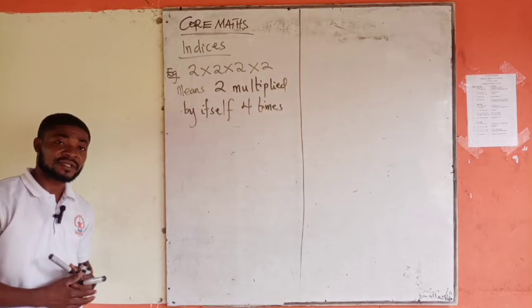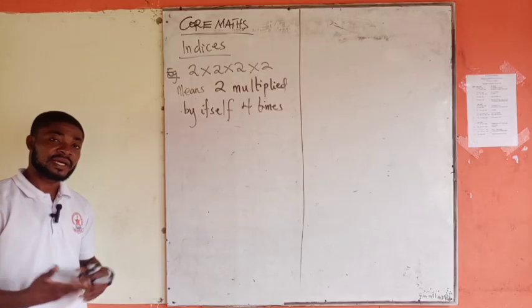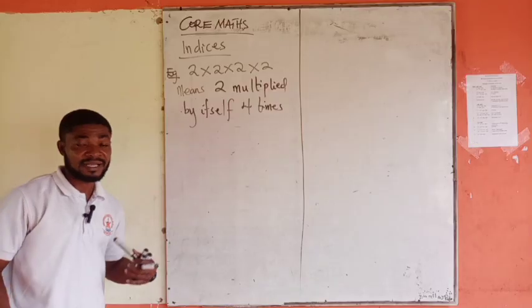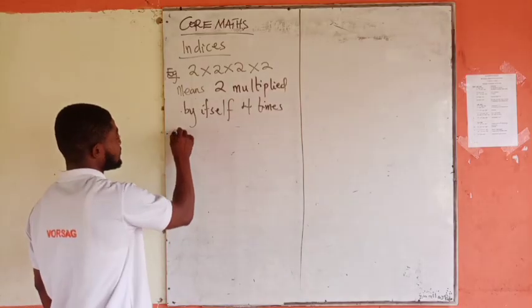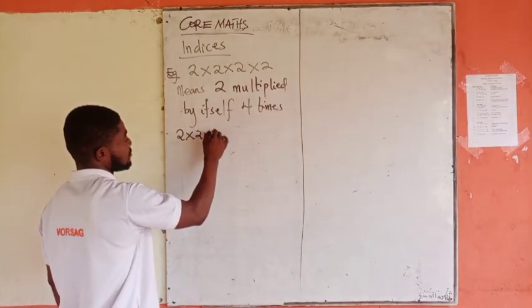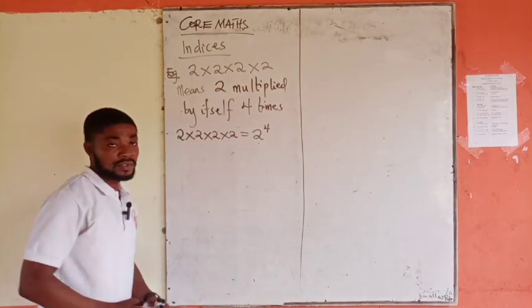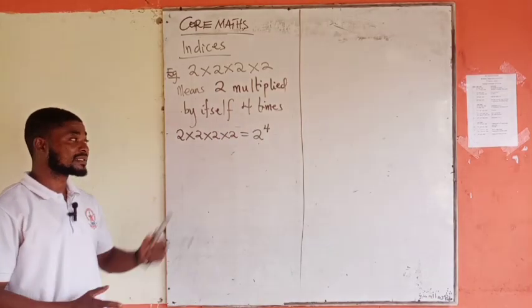That is the meaning of 2 times 2 times 2 times 2, and this is the concept of indices. If you want to write this in a simpler form, it's the same as 2 exponent 4.